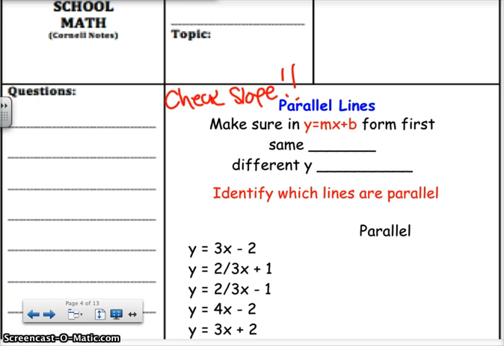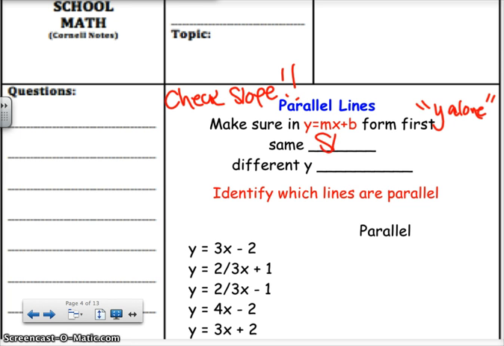So the first thing we want to do is make sure it's in y equals mx plus b form. That means y alone. This is where we have to be confident with getting y by itself. Adding and subtracting that x term, and then dividing by that coefficient of y. You have to be masters at that.